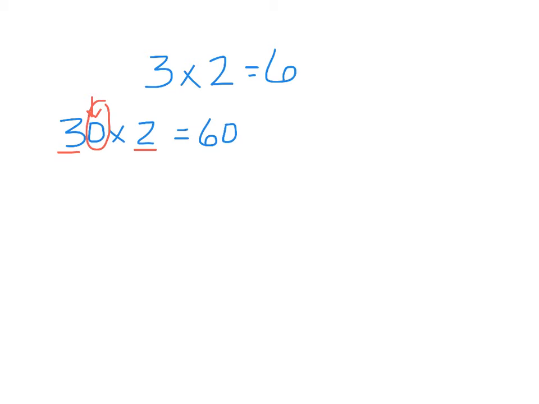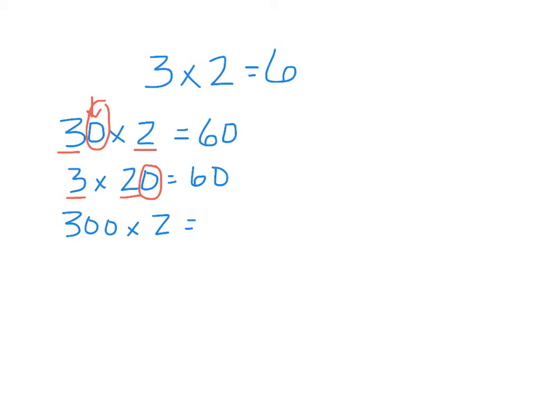I also know that 3 times 20 is also 60, because just like last time, I have 3 times 2 is 6, but I need to multiply it by 10 because I have that 0, and that's equal to 60. I can solve harder problems. I can do 300 times 2.